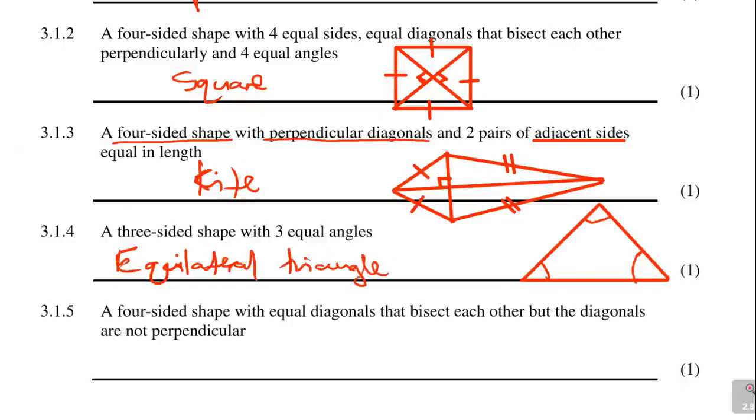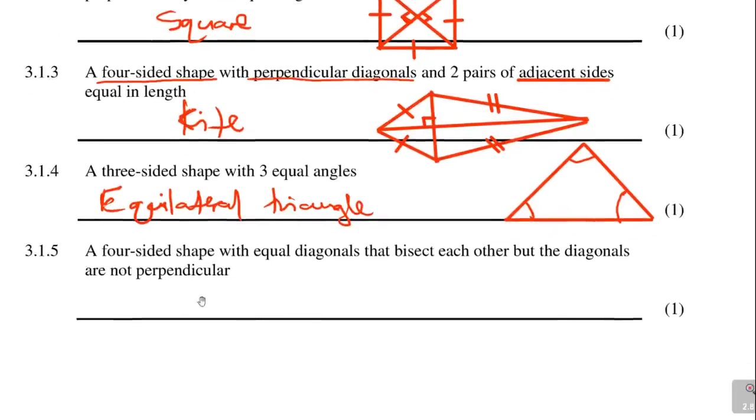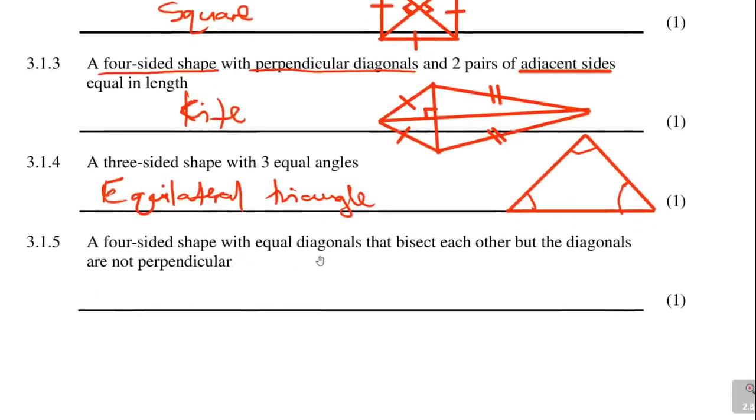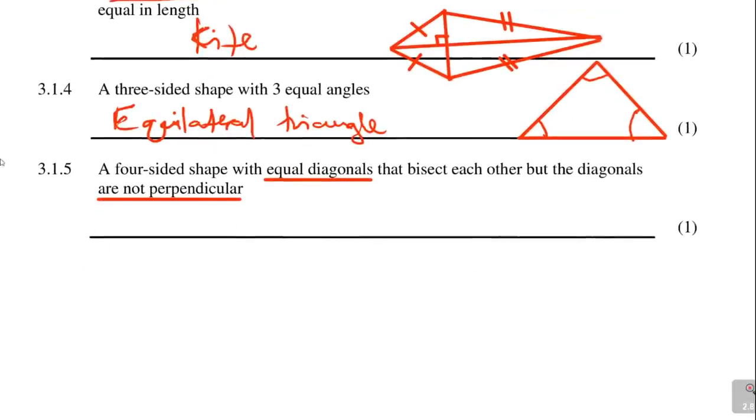Alright, and then I think this is the last one, 3.1.5, a four-sided shape with equal diagonals that bisect each other, but the diagonals are not perpendicular. We can actually look for a rhombus. Let's try this one.